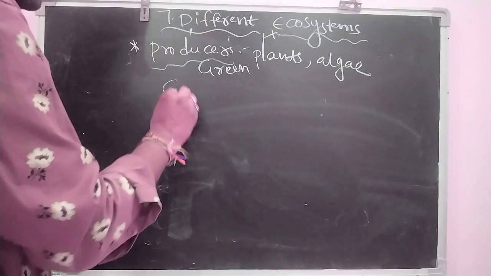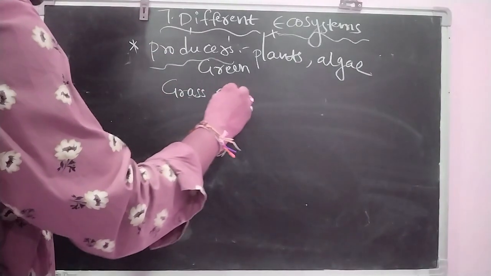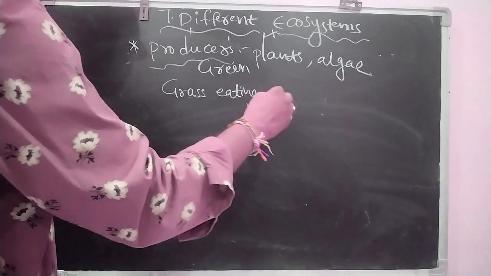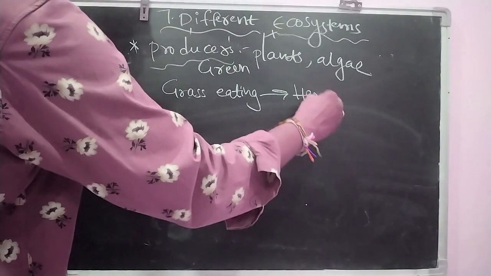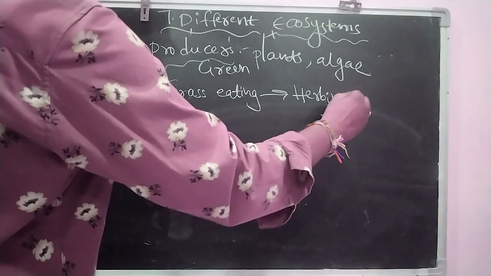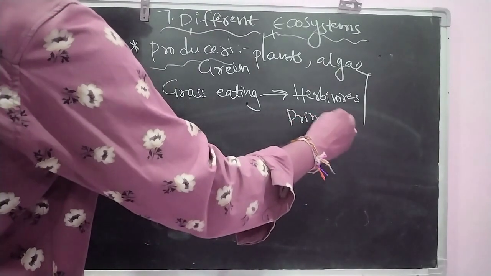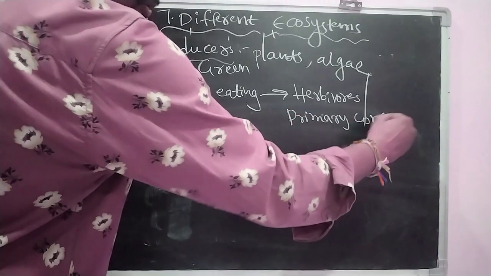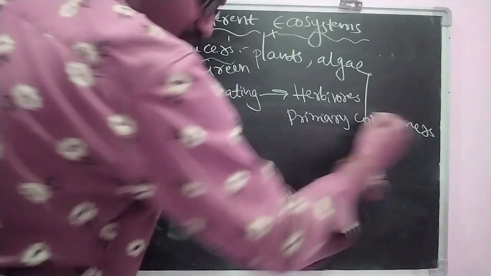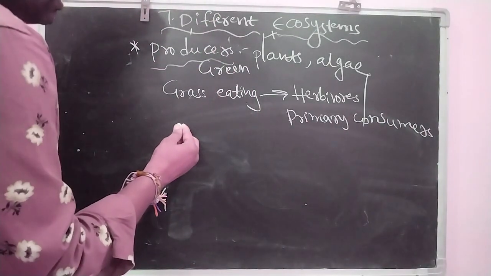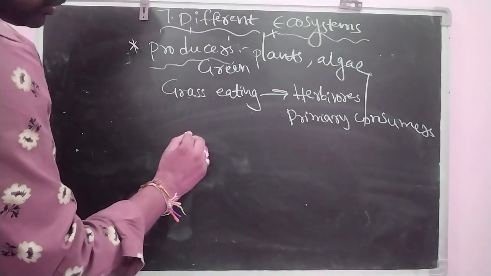Means grass eating animals or plant eating animals. They are called herbivores. Herbivores are also called primary consumers. Who eat these herbivores?